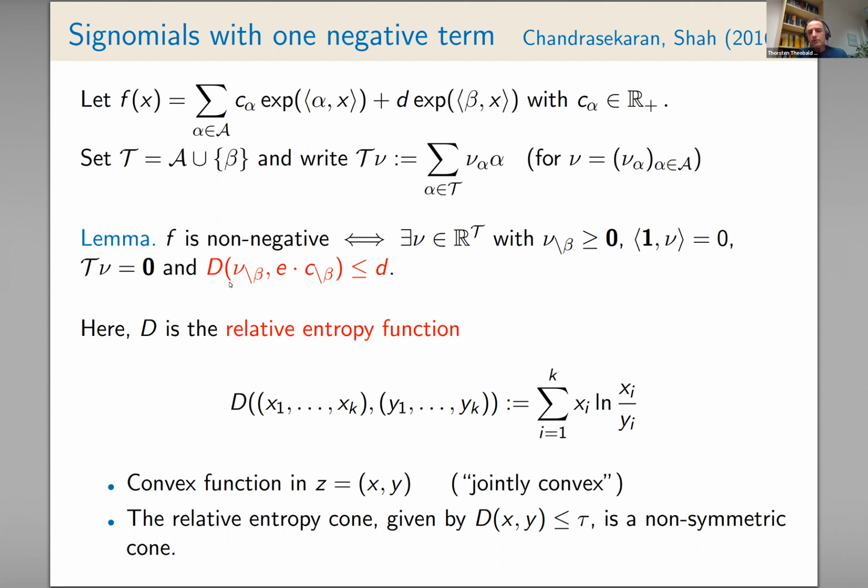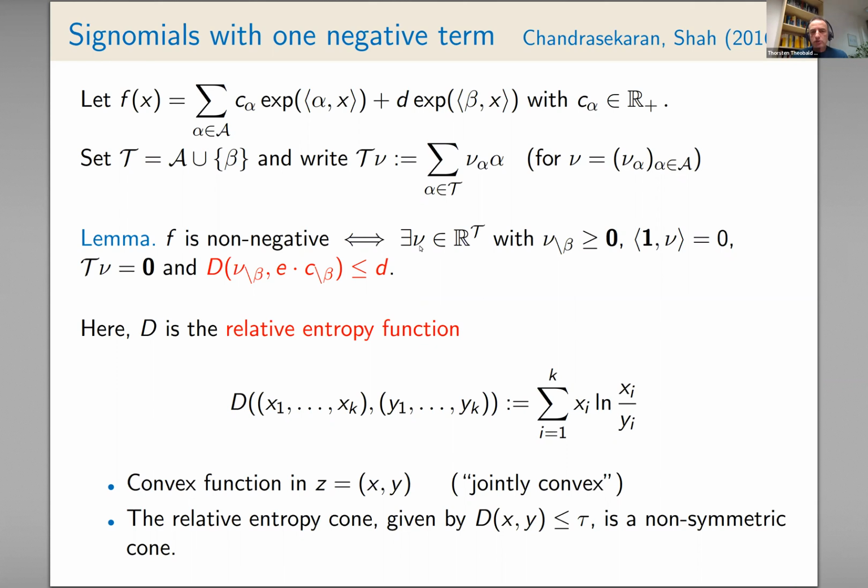So D is the relative entropy function, which is defined here. And e is Euler's number. And we have this relative entropy condition, that it must be at most d. And the notation nu without beta and c without beta correspond to the corresponding vectors up to the component beta. Okay, and this is a convex condition. This is a nice description. And you can always think about this nu as some kind of a dual variable.